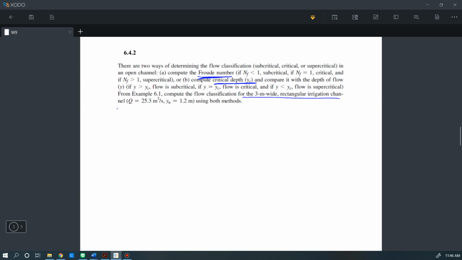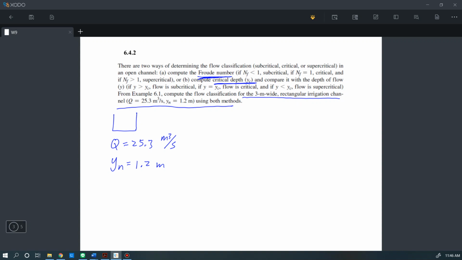With this setting, let's just write down the setting first. It says that we have a rectangular irrigation channel with the flow rate equal to 25.3 cubic meter per second, and the flow in this rectangular channel is at the normal depth, which is this yn, that is 1.2 meter.